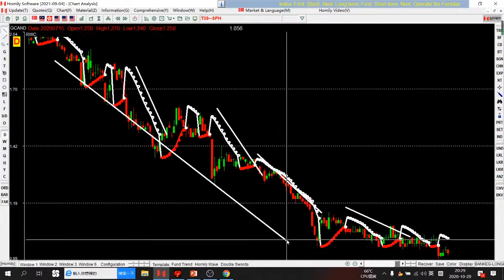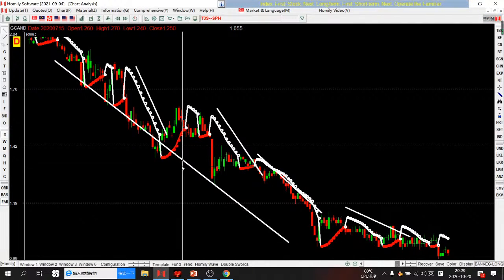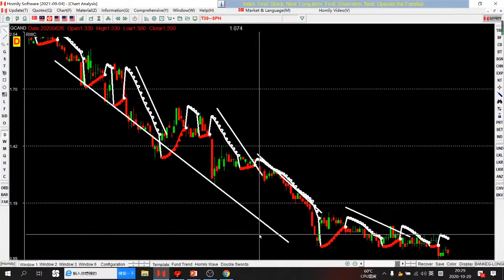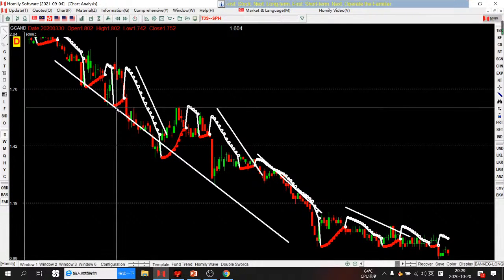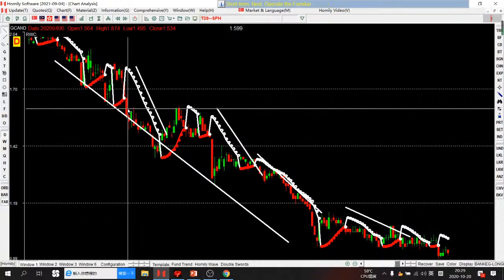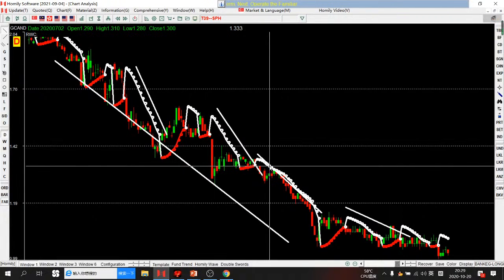So the general stock direction is moving downward. The red and white circle is very helpful to tell you the potential direction of the stock movement.